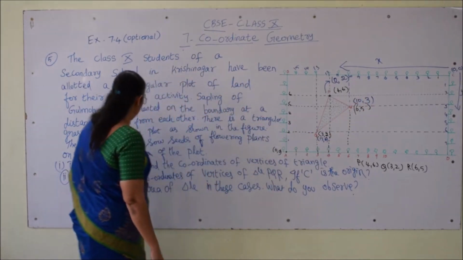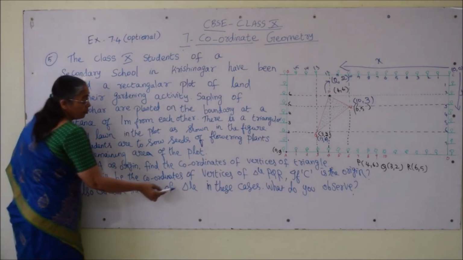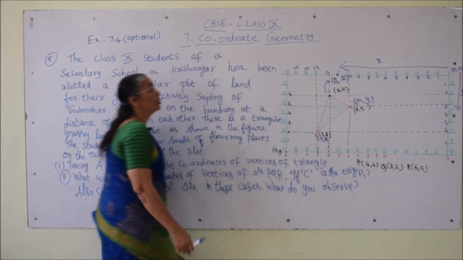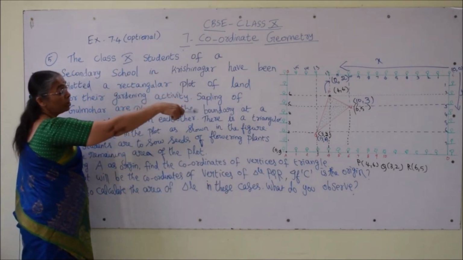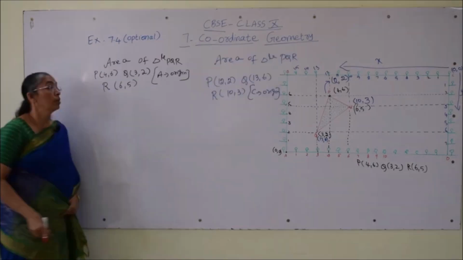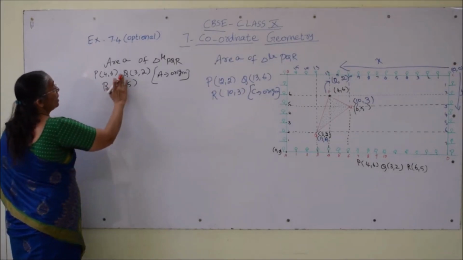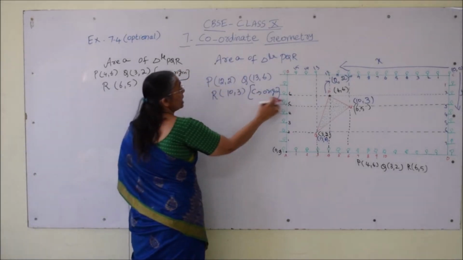Now the next part of the question is also to calculate the area of the triangle. In these cases, what do you observe? Now let us find the area of triangle PQR by taking A as origin and by taking C as origin.